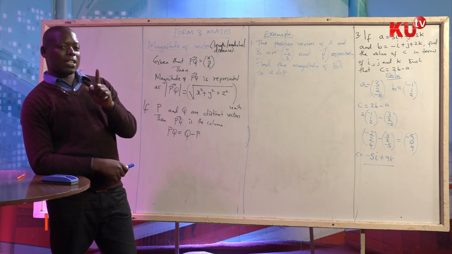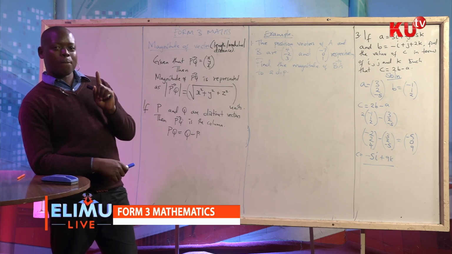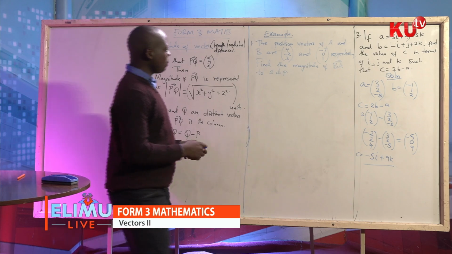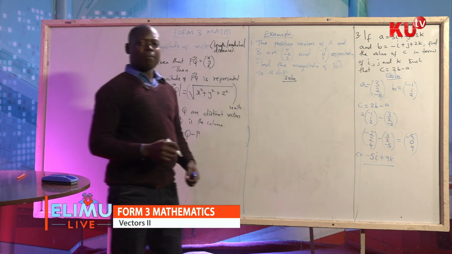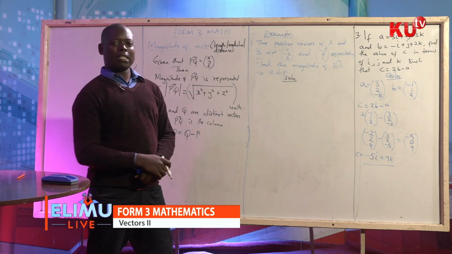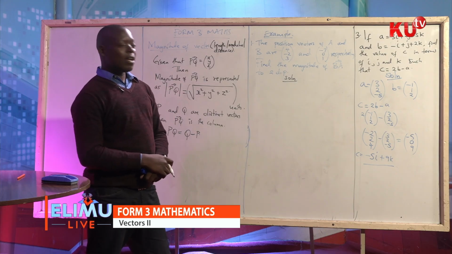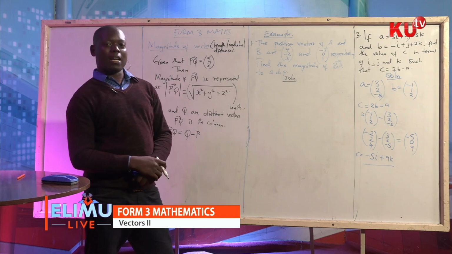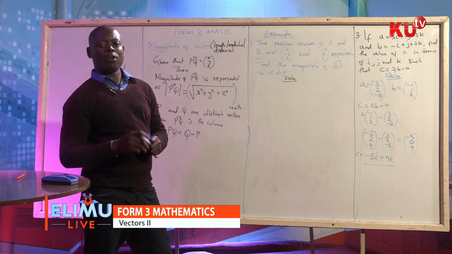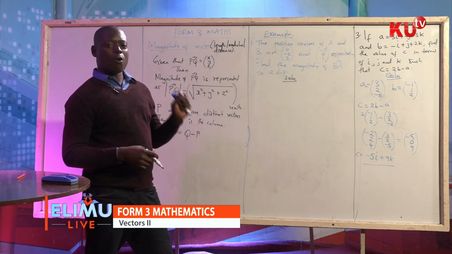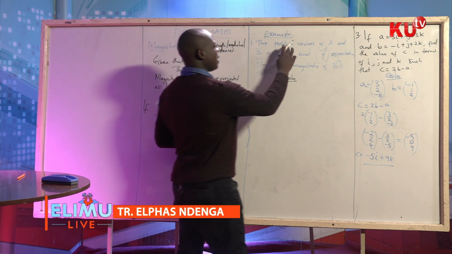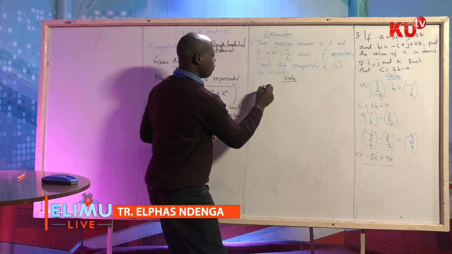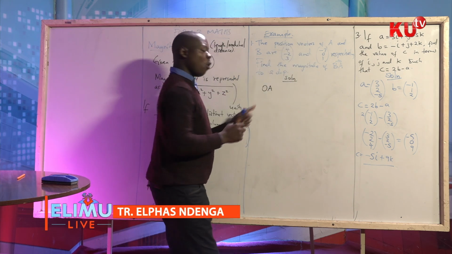Good. The first thing is to know what the position vector is, right? What do we mean by position vector, students? A position vector is a vector that originates from the point of origin O. So the position vector of A means OA.